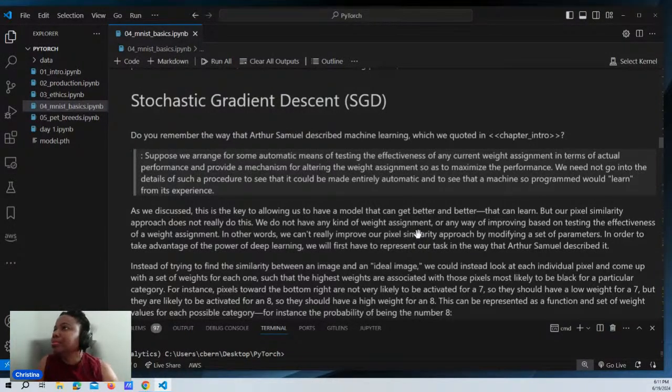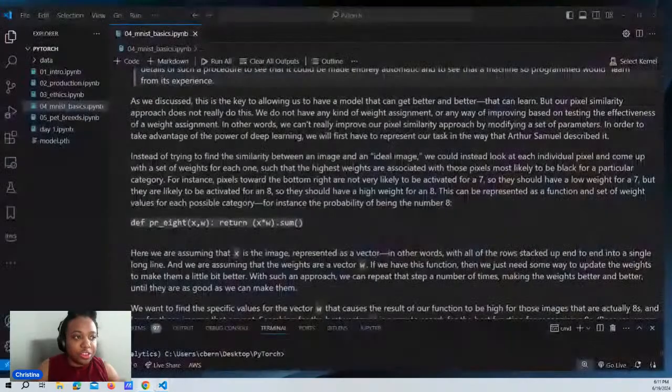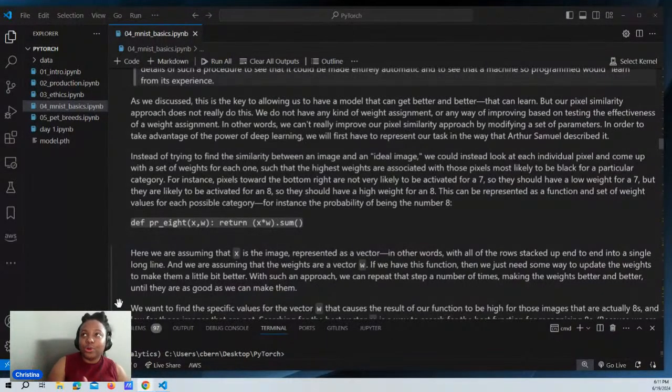Okay, so we're going to be talking about how we look at each individual pixel, because that's kind of what the computer reads. It doesn't see the image. It sees each individual pixel, and it comes up with a set of weights for each individual pixel.